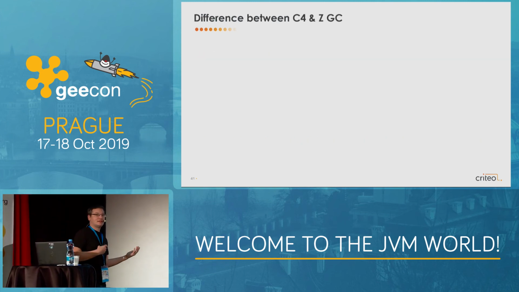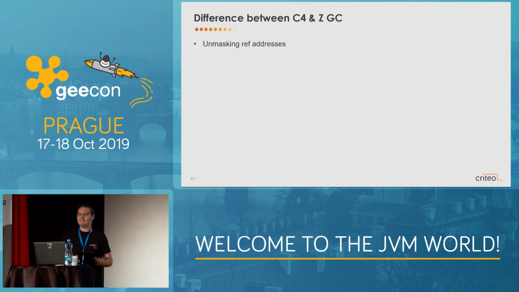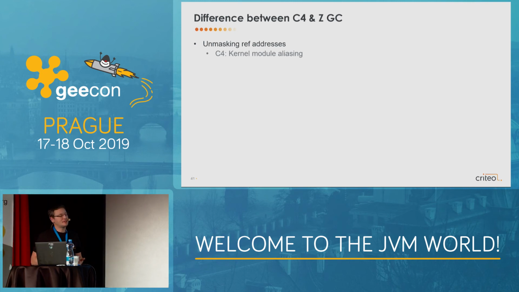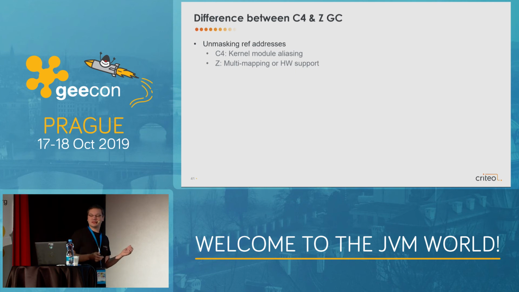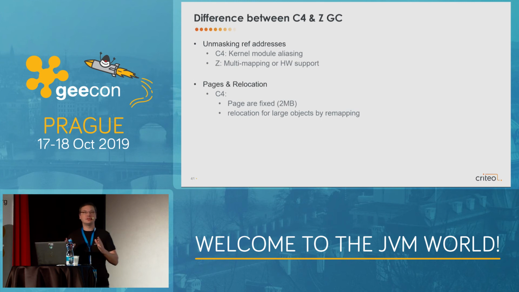So as I said, C4 and ZGC are very similar. What's the difference between those? For unmasking addressing, C4 uses a kernel module but also multi-mapping, and ZGC uses only multi-mapping or hardware support. For pages and relocation, C4 is using fixed pages of 2 megabytes, and large objects are not moved or copied, they are just remapped at the OS level.